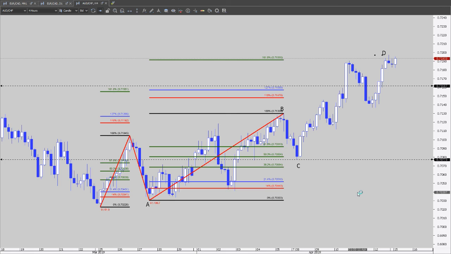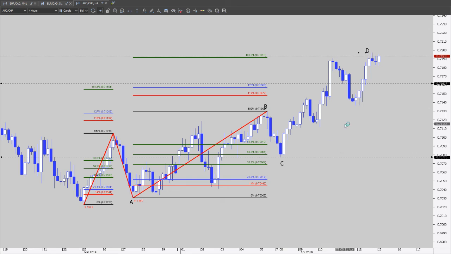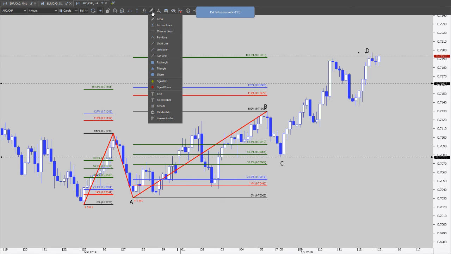We are waiting for the second candle on the right, and we are on the 4-hour chart, so we need to wait in order to see if this high is going to stay like this or if the market is going to push higher.